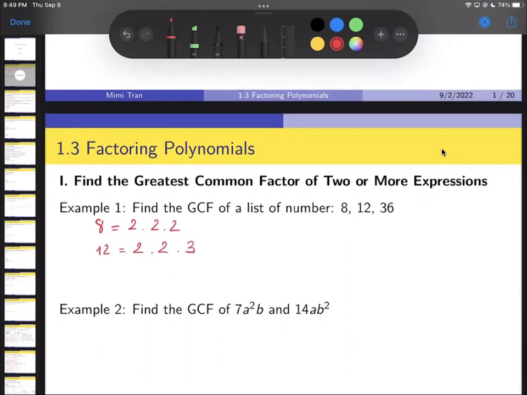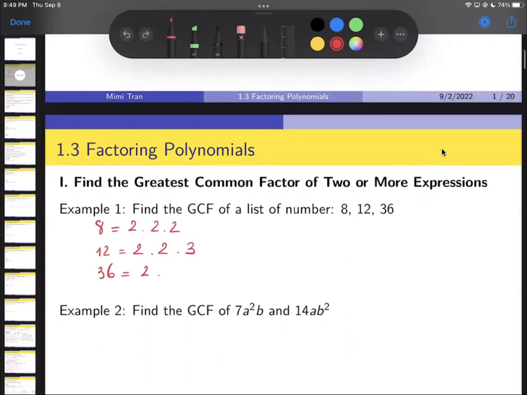Basically, you break it down into the product of prime numbers. And then 36 is 2 times 18, right? Which is 2 times 3 times 3.